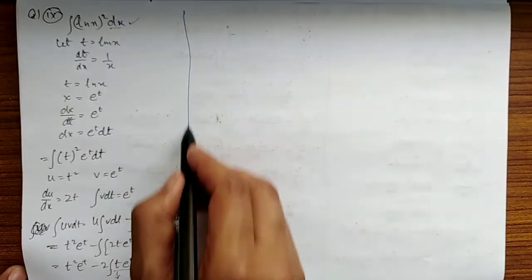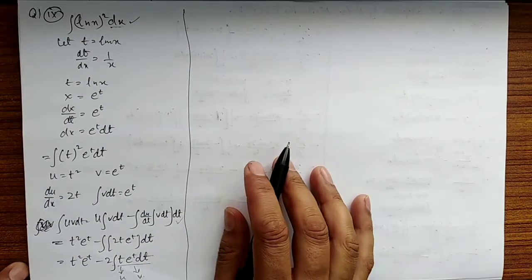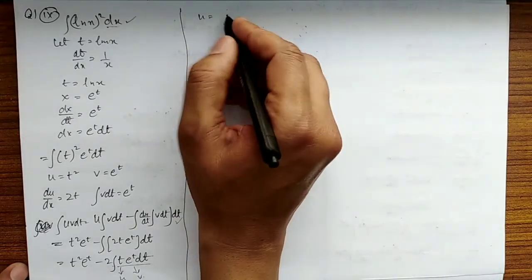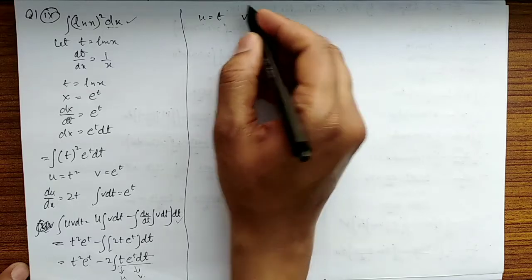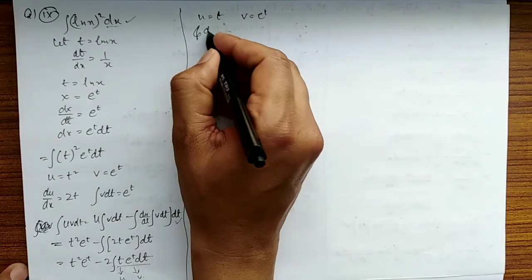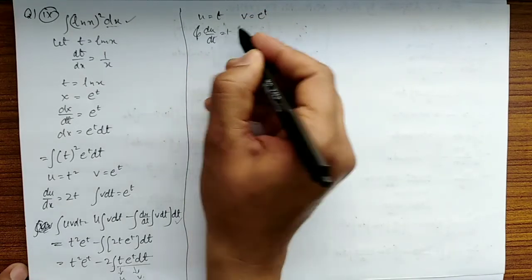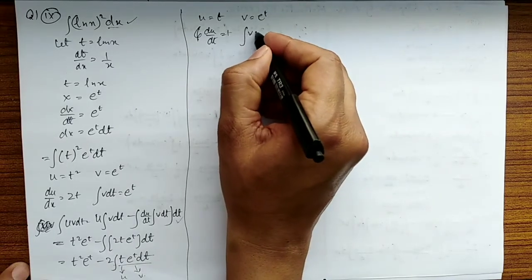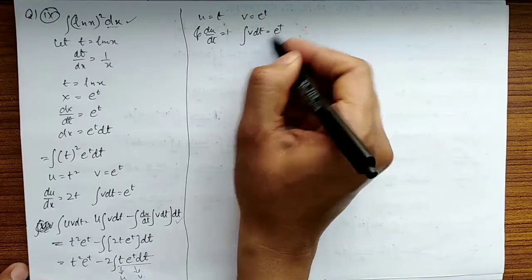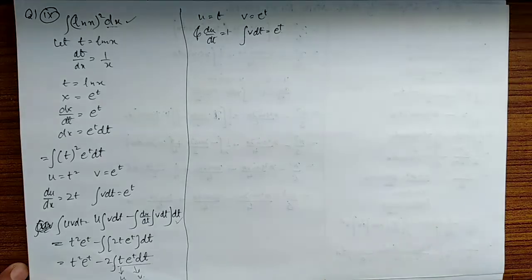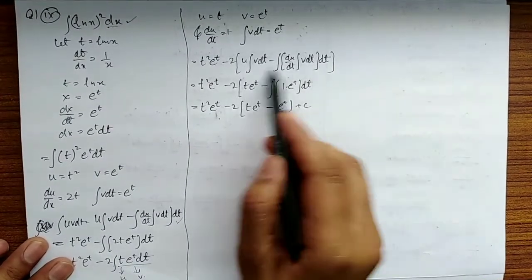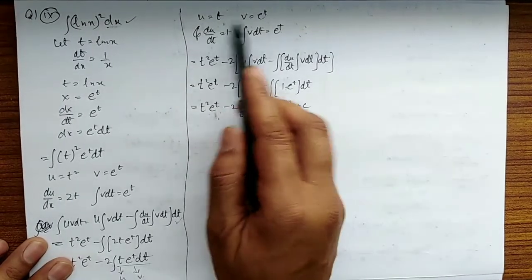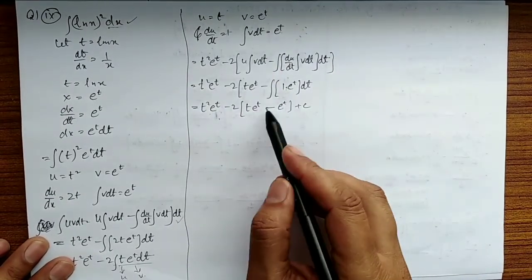we are going to apply this formula again on this part here. So u equals t and v is equal to e power t. So du upon dt is equal to 1 and the integral of v dt is equal to e power t. So again applying this formula on this part, we get this part. You can see we have used the same formula, substituted the values of u and v and integrated this part.